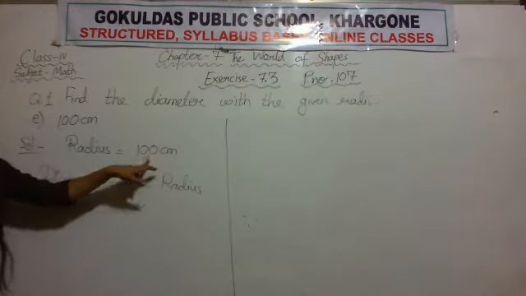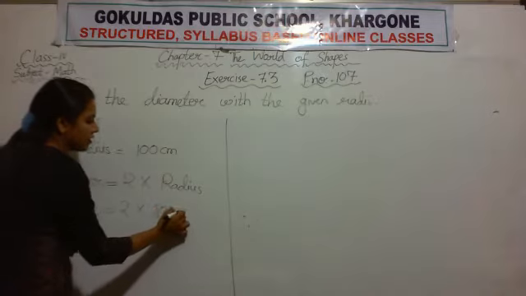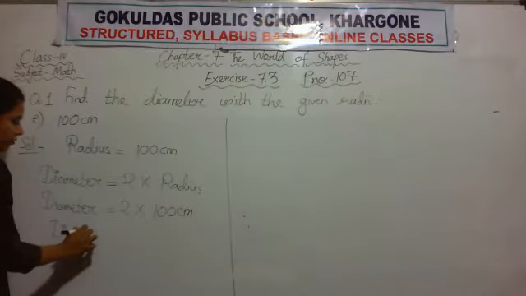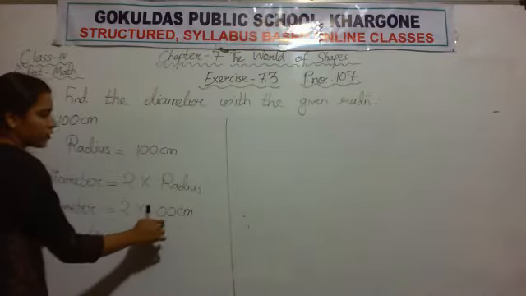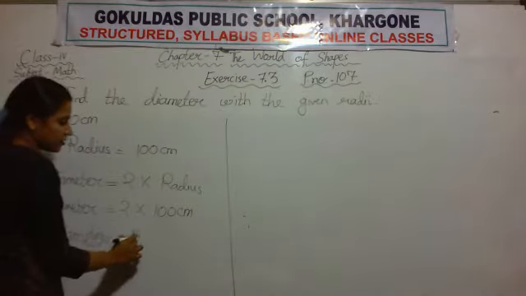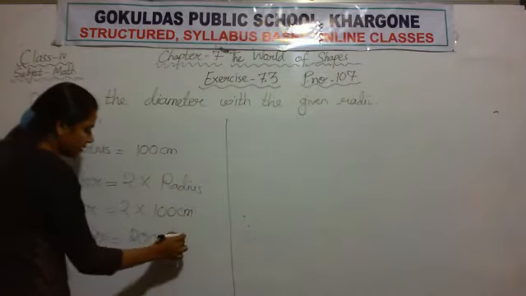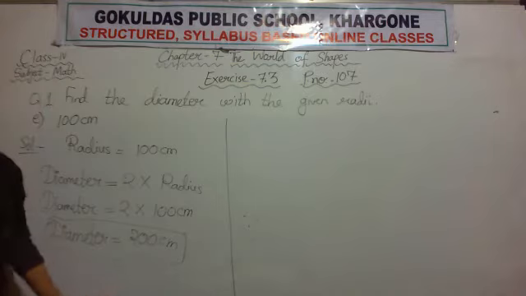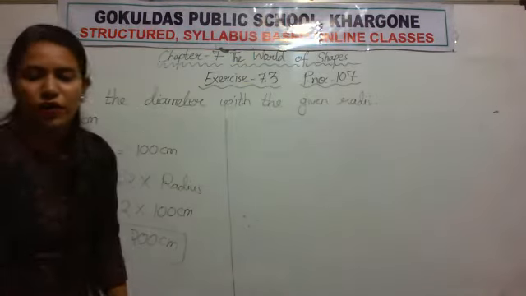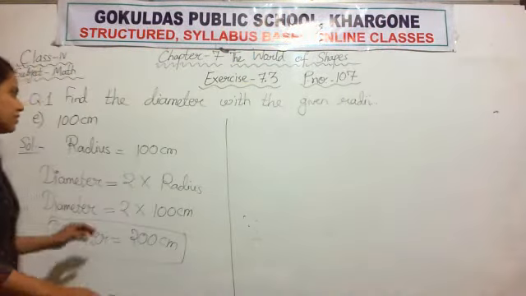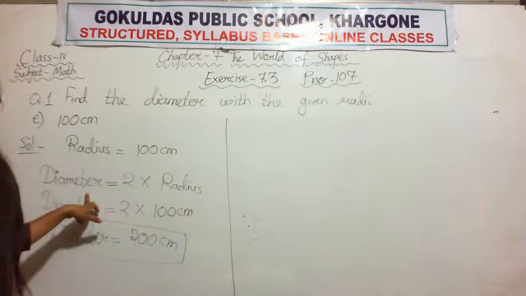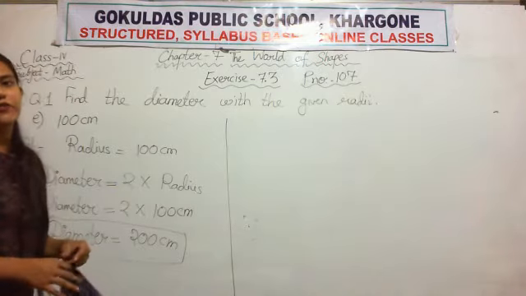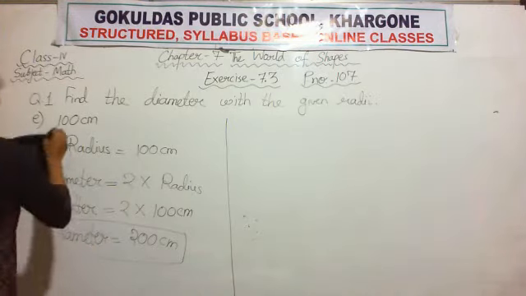The value of radius is 100 centimeter. Now in the next step, diameter is equal to 2 into 100. 2 into 100 is 200 centimeter. So our answer is 200 centimeter. Our question number 1 is over. This is how, by using the formula diameter equals 2 into radius, we can find the diameter for given radii.